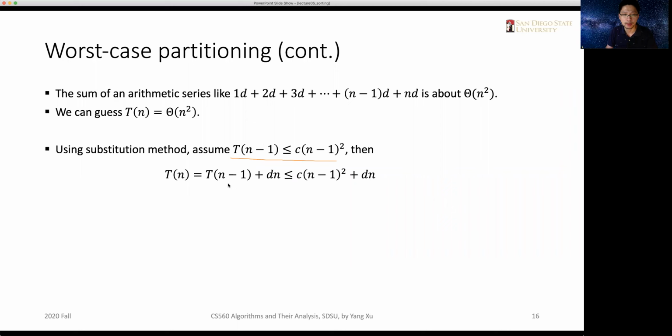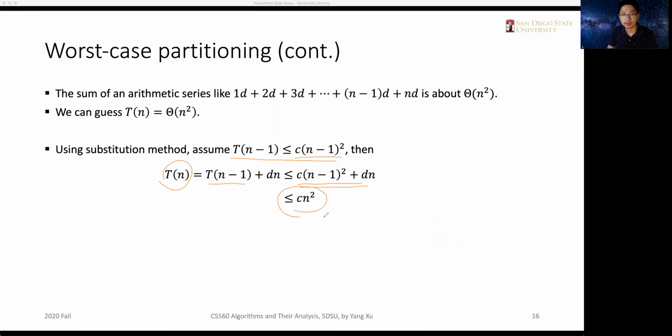The original recurrence is like this, so we substitute this one with the upper bound on the right, and we will obtain something like this, okay? And we also want the solution T(n) to also have the quadratic upper bound, which means we want this thing on the right to also be bounded by c times n squared.